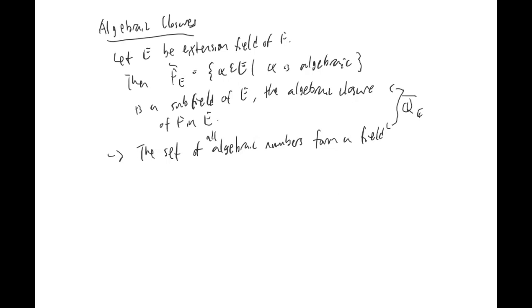Most books just omit the C and write Q bar for the set of all algebraic numbers. Let me be very clear, because many students mistake this.